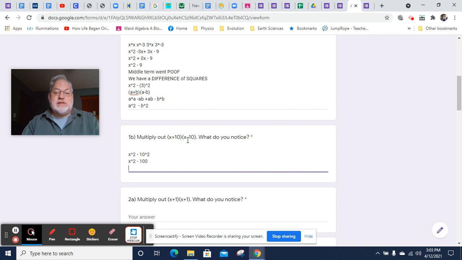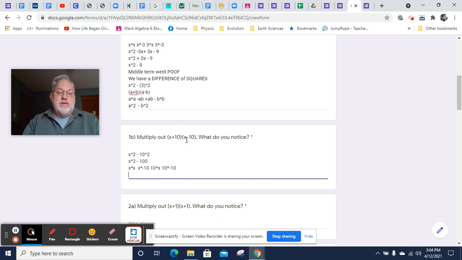Okay, we're going to have x times x, and then we're going to have x times negative 10, and then we're going to have 10 times x, and then we're going to have 10 times negative 10. And we can put all that stuff together. We'll have x squared.